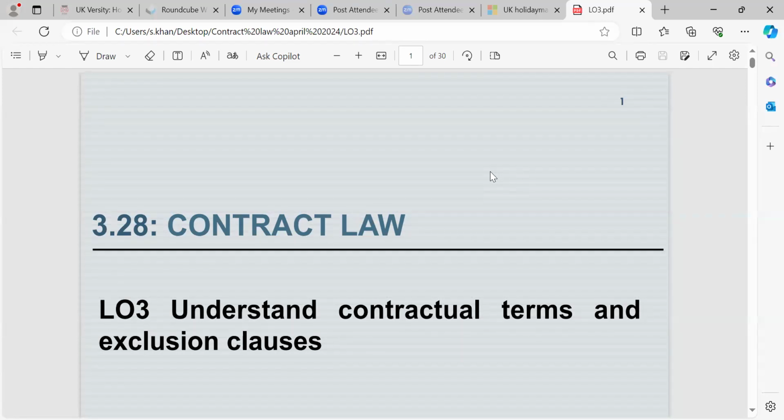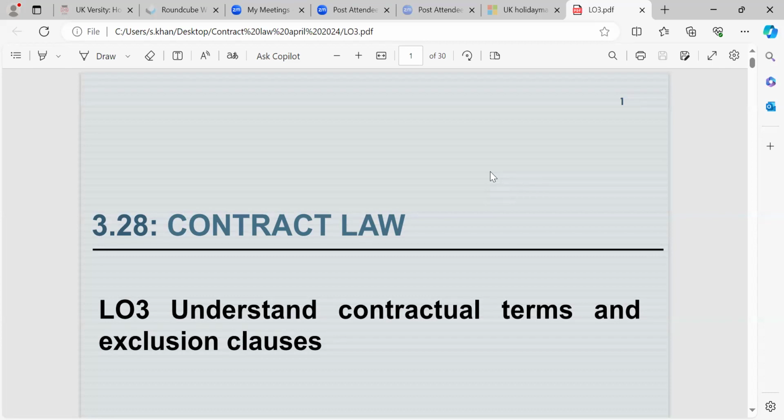We then went on to look at the common definition of what consideration is. And we looked at a famous case which defined what consideration was, which was the case of Currie and Misa, 1875. We then went to look at the requirements for consideration to be valid.